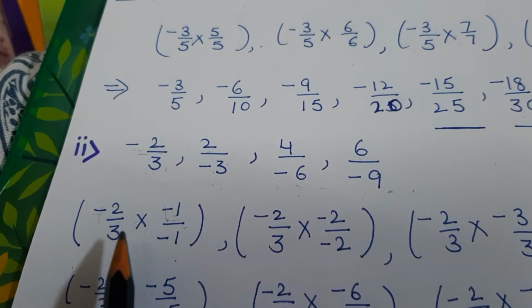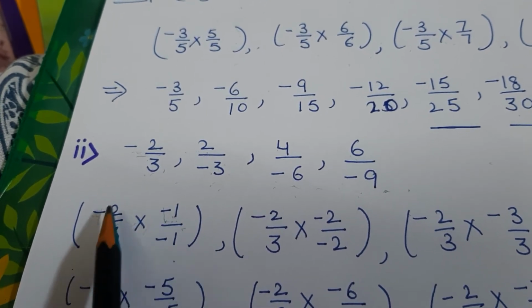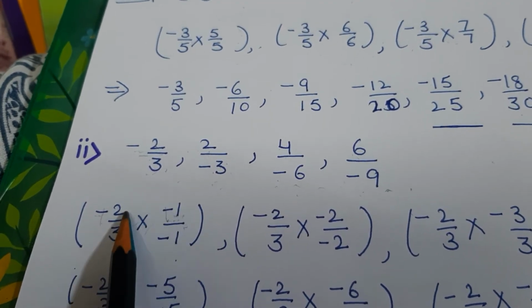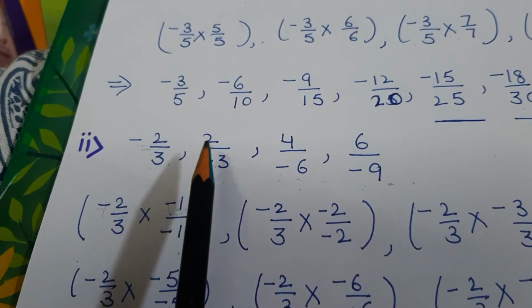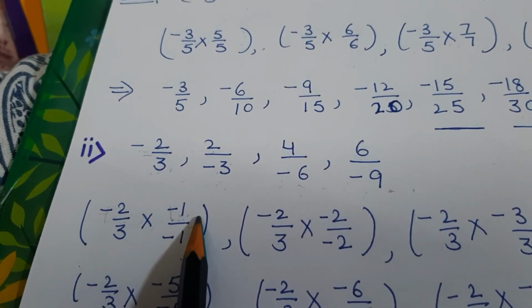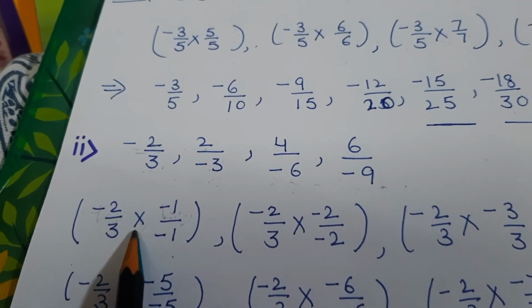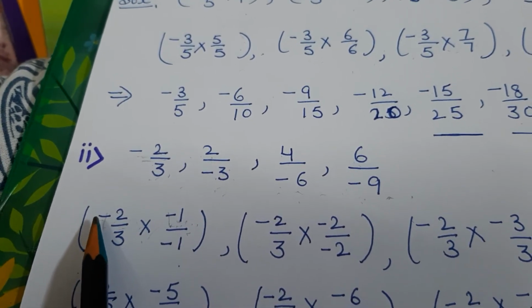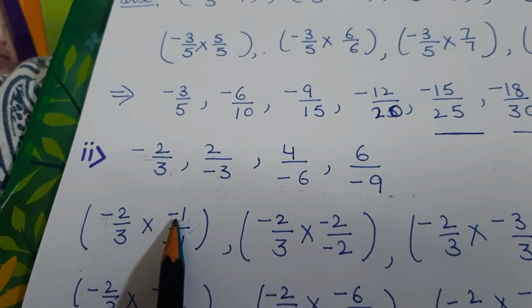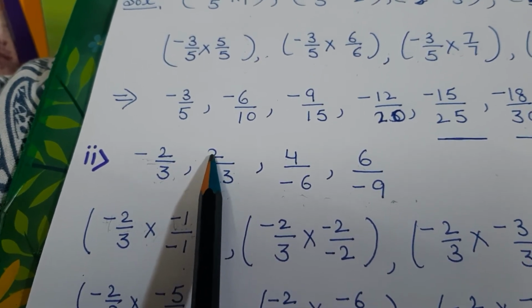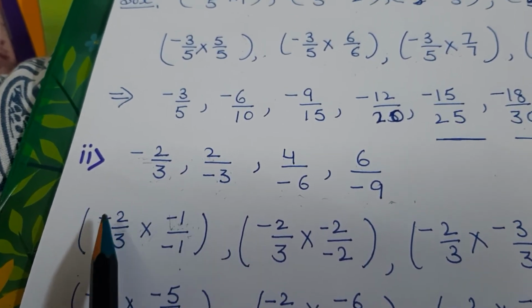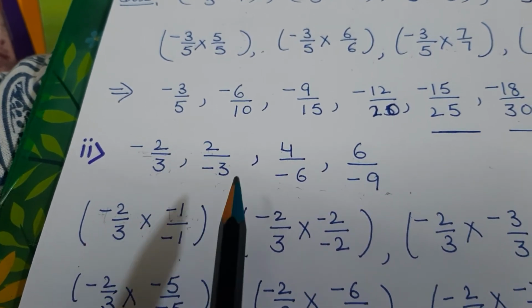Okay. I know when we add or subtract integers, we always put the sign of the bigger term. But when we multiply or divide integers, two negative signs always make one positive. Minus minus becomes plus.